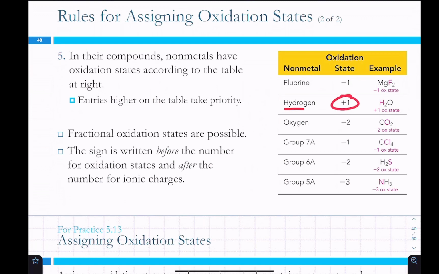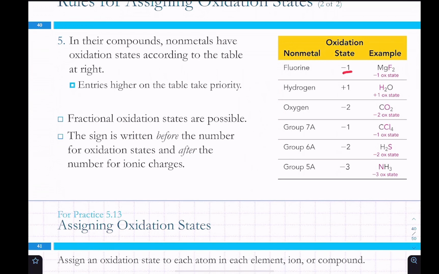Hydrogen's always going to be a +1, even if it's bound to fluorine, because they're opposite. Oxygen will be -2 unless it's bound to fluorine. So if fluorine and oxygen form a compound, the fluorine has the priority. So if I drew an insane compound like OF2, we would first take a look at our hierarchical table and say, okay, fluorine's the highest on the list.